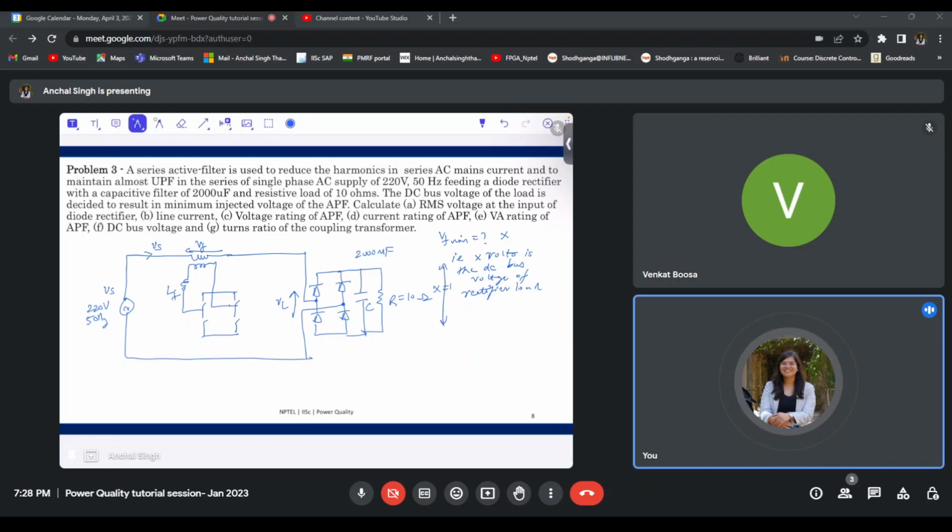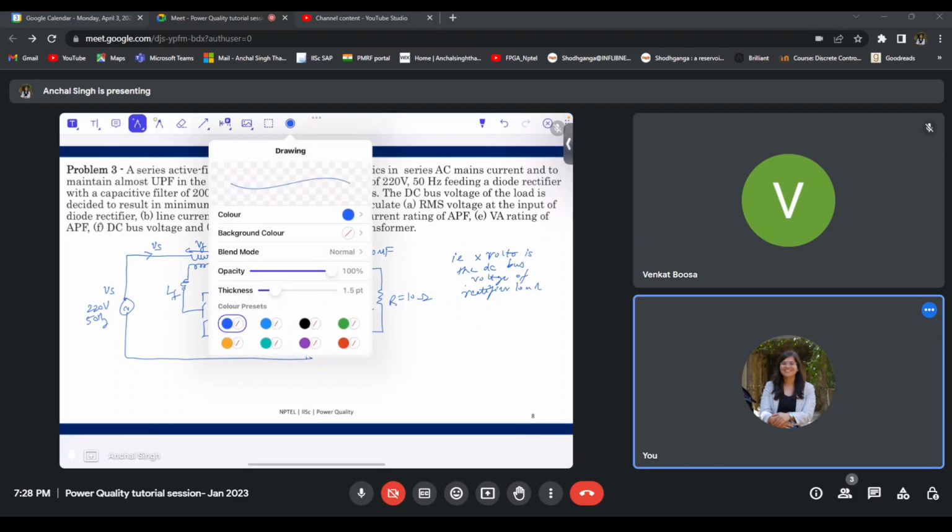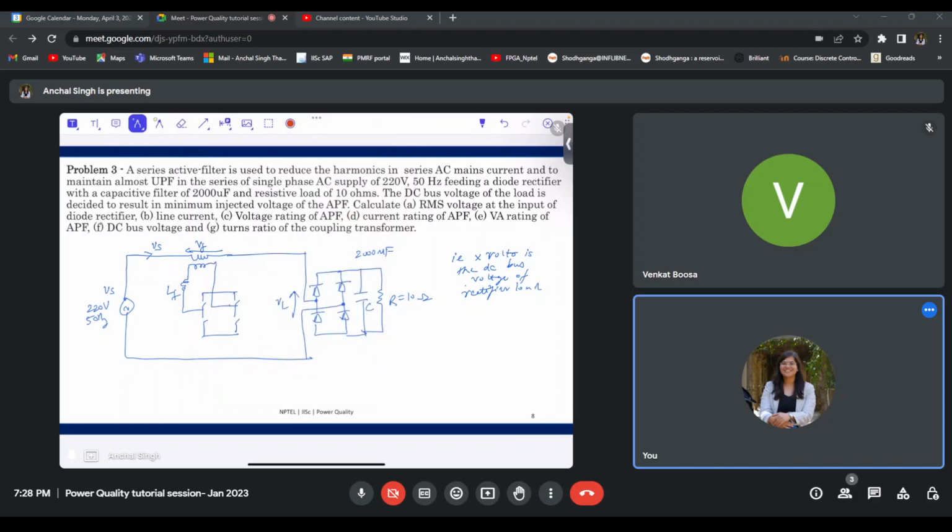So VDC is equal to X. This VDC equal to X is obtained corresponding to the minimum value of Vf. That is the condition that is given in the question.